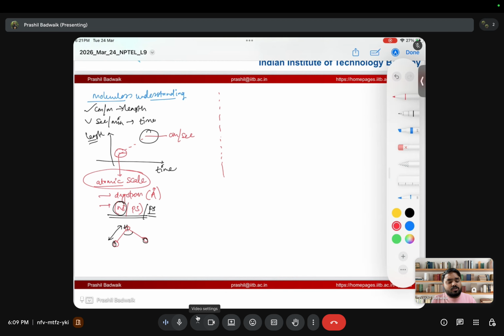And nowadays, because of the supercomputing facilities that are available, researchers are studying systems up to microseconds time scale. There are some events that happen over microscale, for example, crystallization.